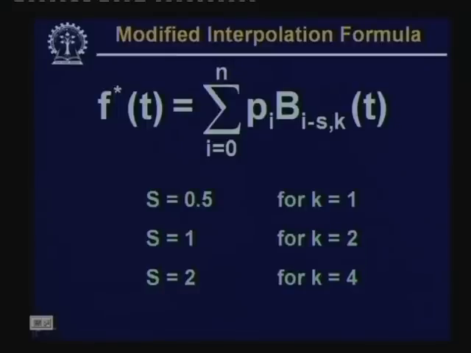And the value of s, we decide that for k equal to 1, that is when we go for constant interpolation, we assume value of s to be 0.5. For k equal to 2, that is for linear interpolation, we assume value of s to be 1, and for k equal to 4, that is for cubic interpolation, we assume value of s to be equal to 2.